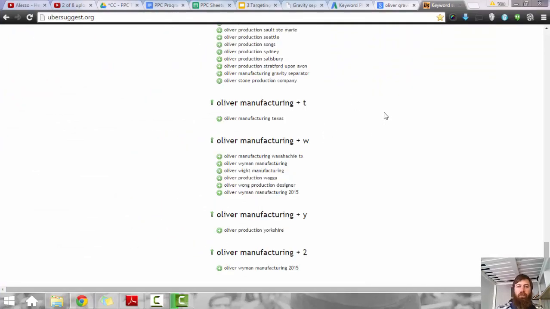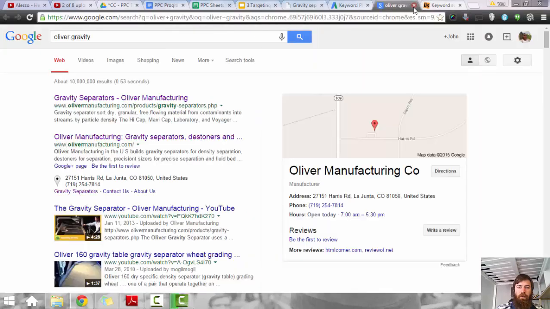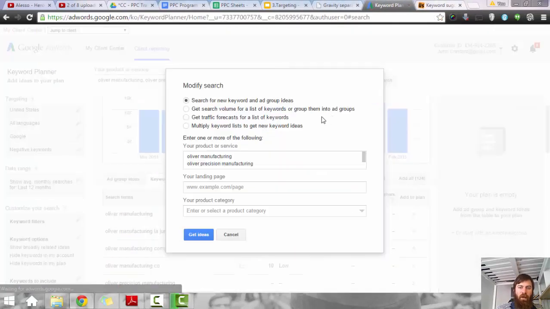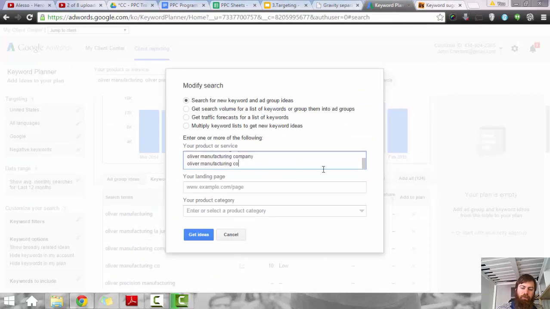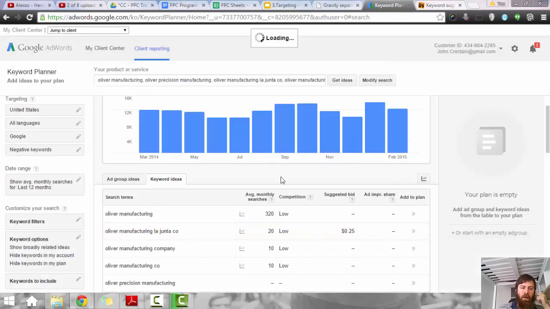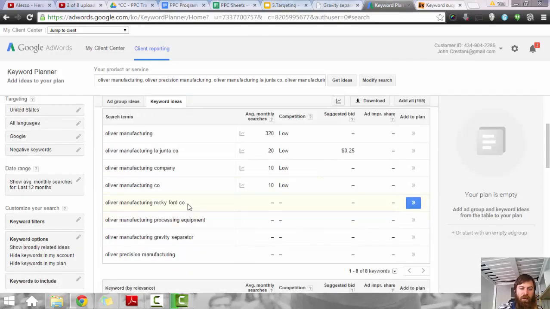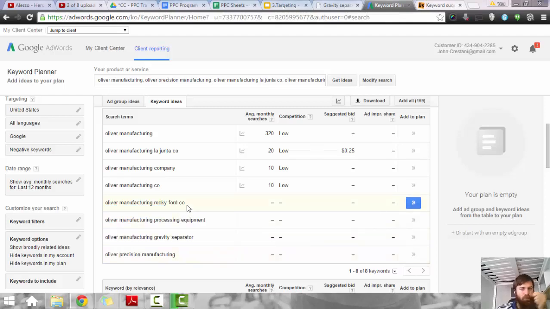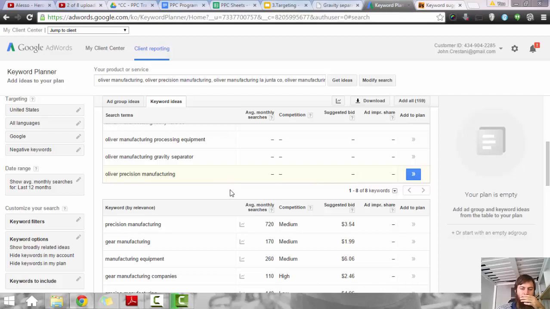Now let's start looking for more keywords. Let's modify this search, and I'm going to add in those three keywords, Rocky Ford, Colorado, etc., just to see what their search volumes are, or if they have any search volume. We're seeing not a lot of search volume here, less than 10 searches a month, and this is our main keyword right there.